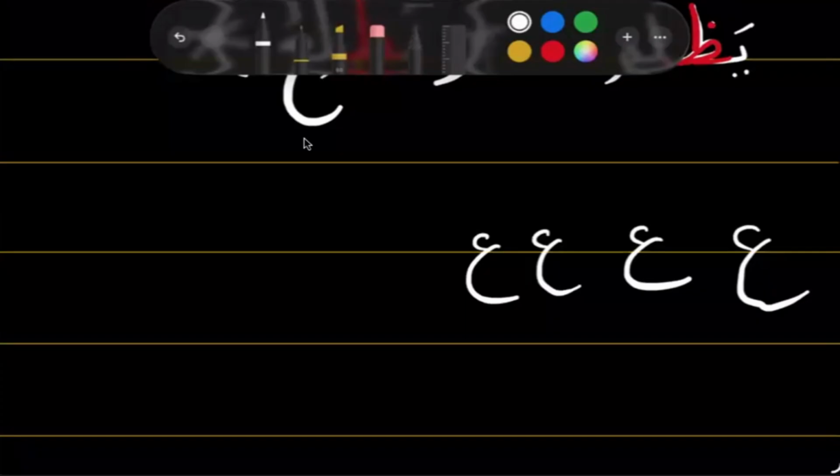Okay, how does it look in the beginning? So we're going to take the head of the Ain, but notice here how this bottom tooth is in this direction. Notice its direction.